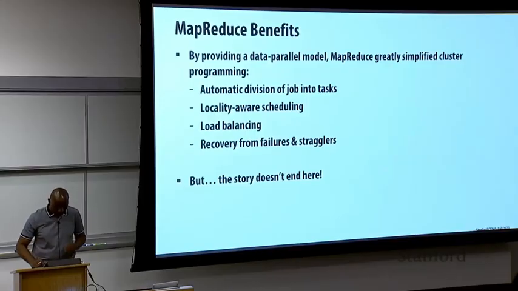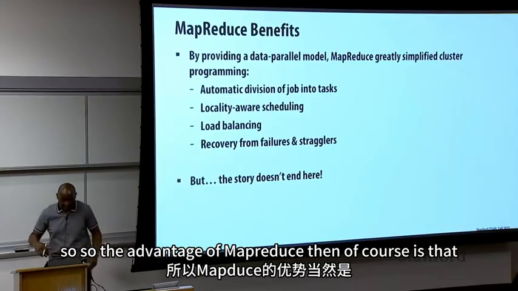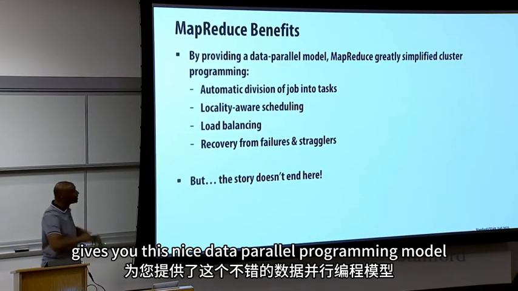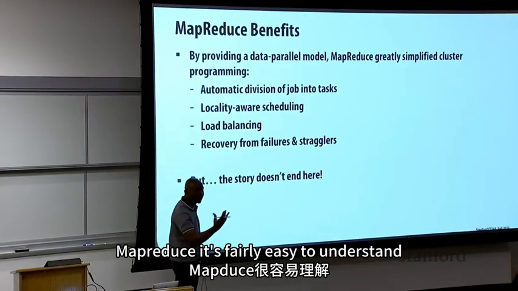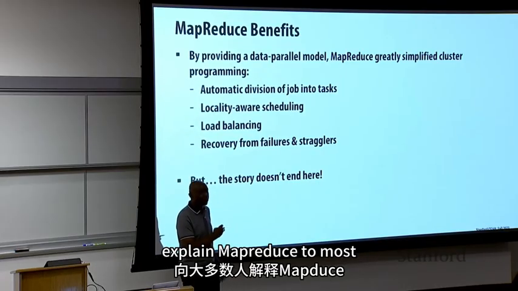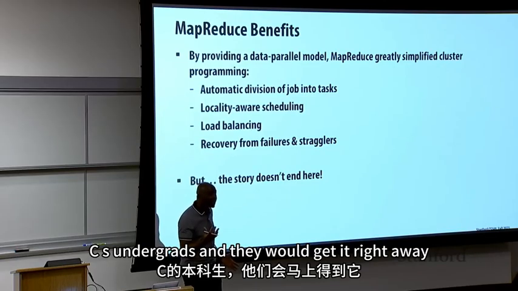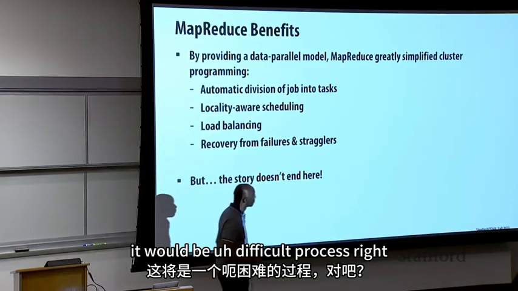All right. So the advantage of MapReduce, of course, is that it gives you this nice data parallel programming model. It's fairly easy to understand. I can explain MapReduce to most CS undergrads and they would get it right away, whereas if I introduce them to message passing, it would be a difficult process.